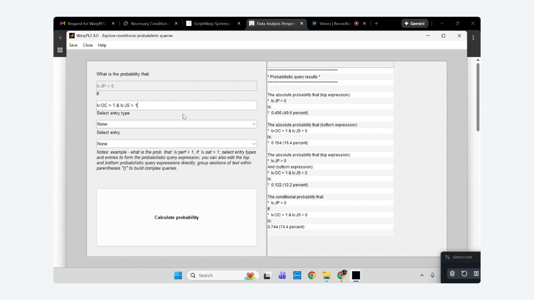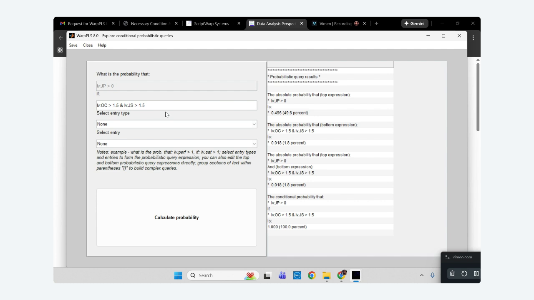But let's see if we change both OC and JS to being high. Let's see if that leads to 100%. Not yet. So let's change to very high for OC, almost 100, and let's change to very high for JS. That gets us to 100%. So if I want to guarantee that JP will be above average, I have to have OC being very high and JS also being very high.